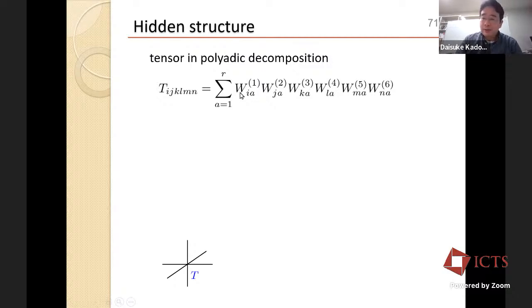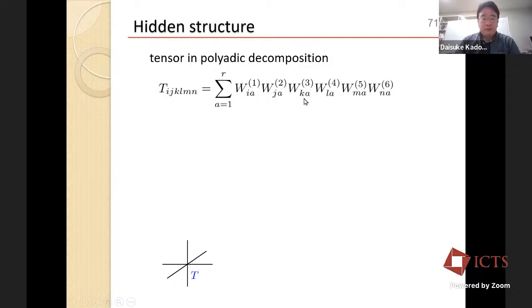These W's come from the hopping terms of 6 links. A is a field variable, and integrating over the field variables, the rank 6 tensor is obtained like this.